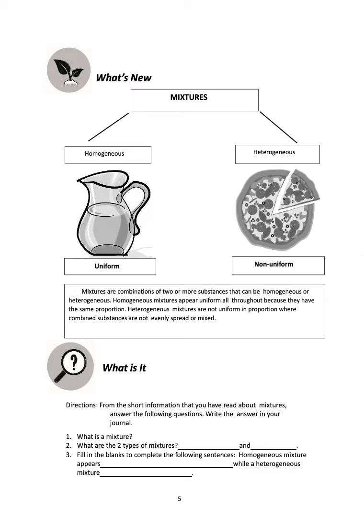So for the direction, from the short information that you have read about mixtures, answer the following questions and write the answer in your notebook. Hindi dito sa module, you write your answers in your notebook. First question, ilang beses na nating pinag-aralan na define what is a mixture? Number 2, what are the two types of mixtures?